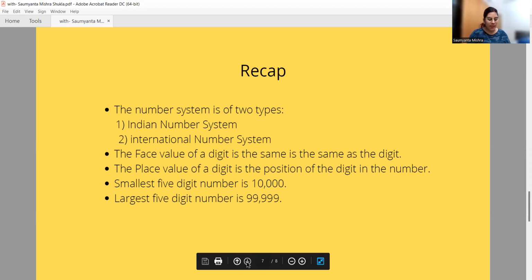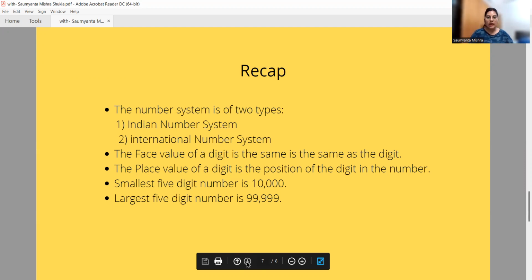We also know that the face value of a digit is that digit itself, and the place value of the digit is defined by the position of that digit in the number. For determining the place value of the digit, we have to use the number system chart.